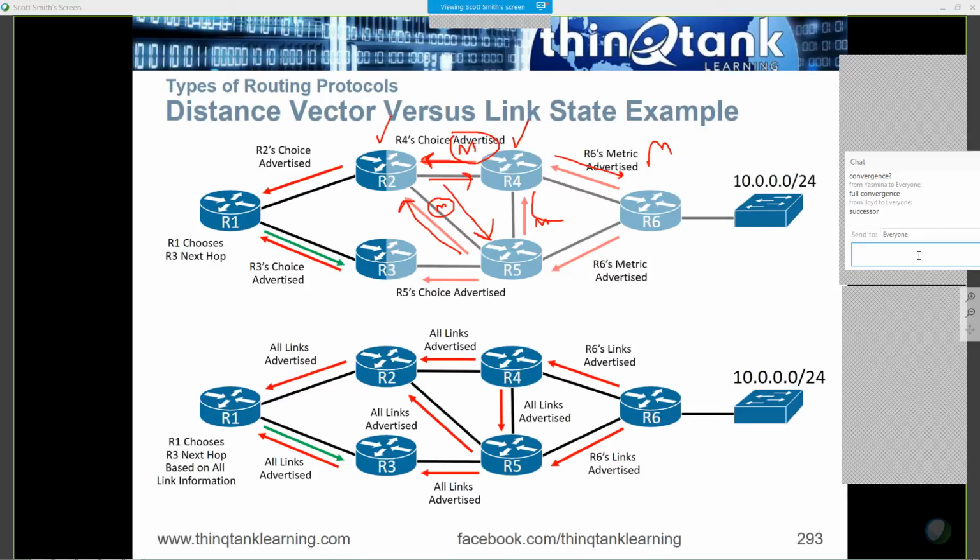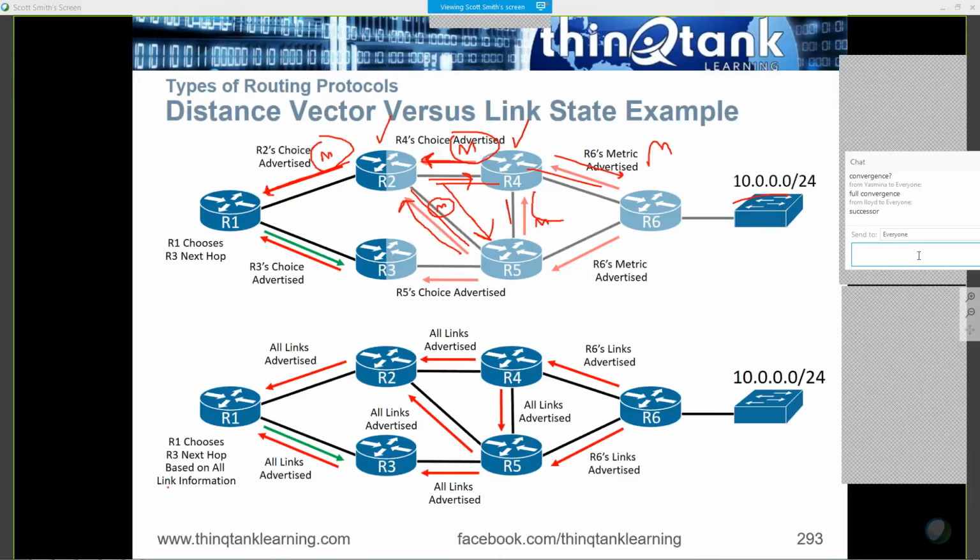So R2 is going to choose a path. What is it going to advertise to R1? It's going to advertise the network with a metric, and that metric is going to be based on the path that R2 chose. R1 is not going to know that there are two ways to get there. It's not going to know that R4 has two ways to get there.